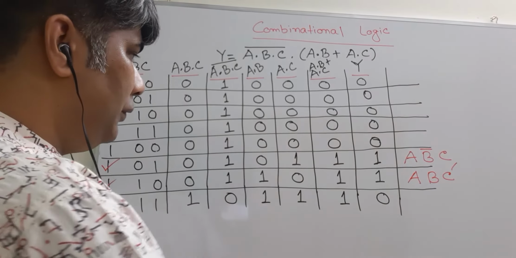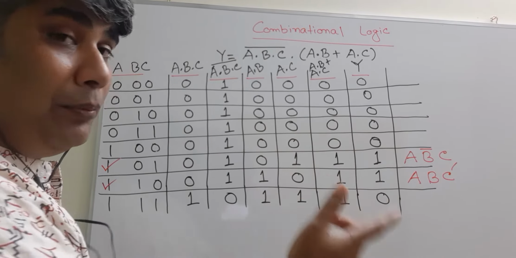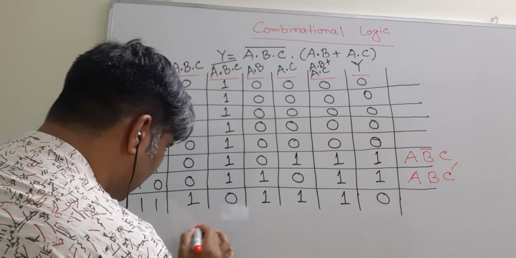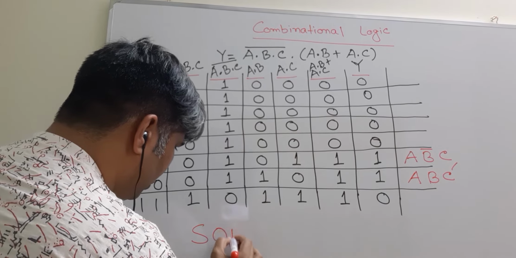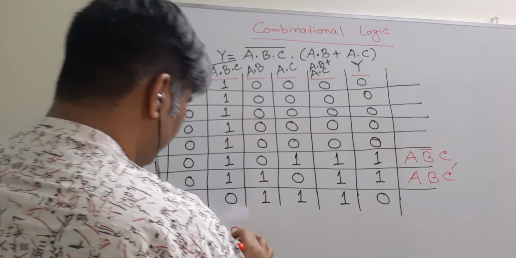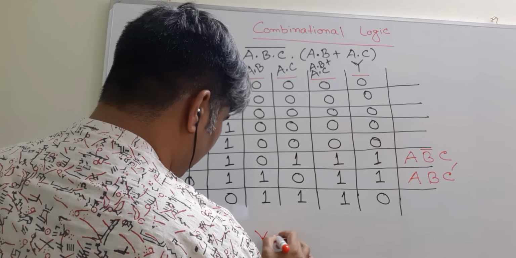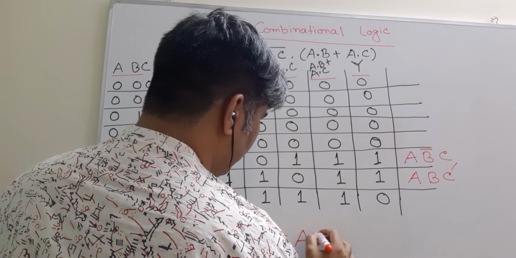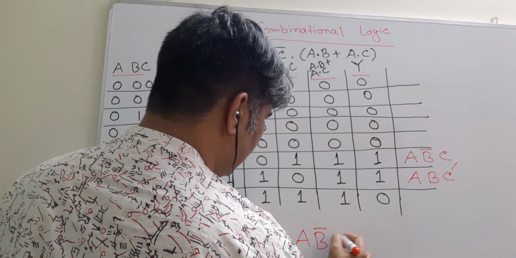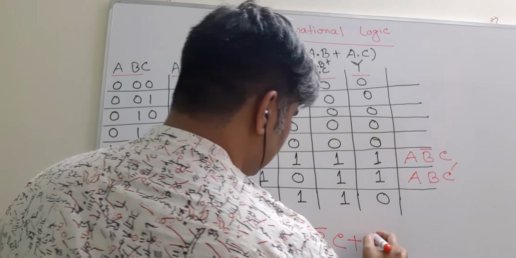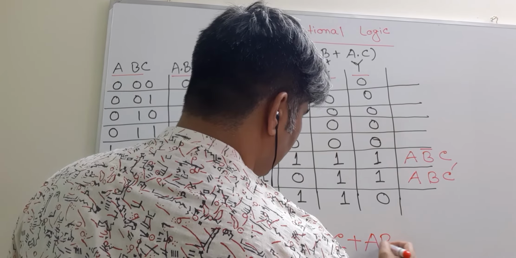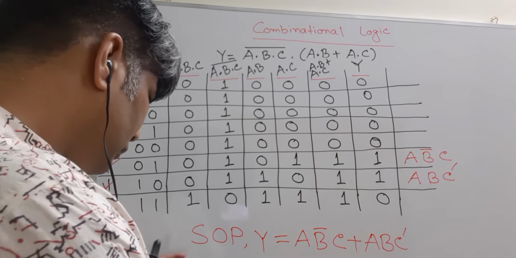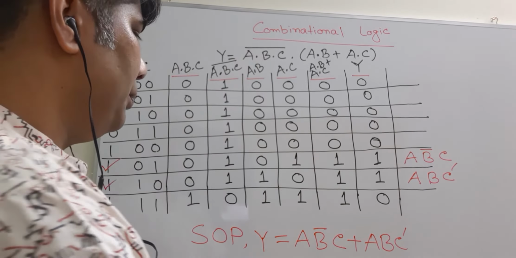If we want to write it in the form of sum of product, then we can write it like this. So the SOP form for y would be a b prime c plus a b c prime. So this would be the sum of product form of y.